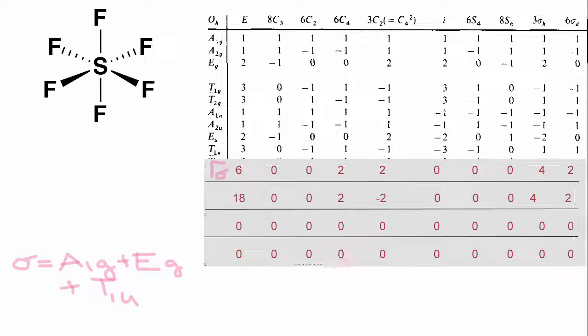And so what we have right here now is the reducible representation for both the sigma and the pi bonds.